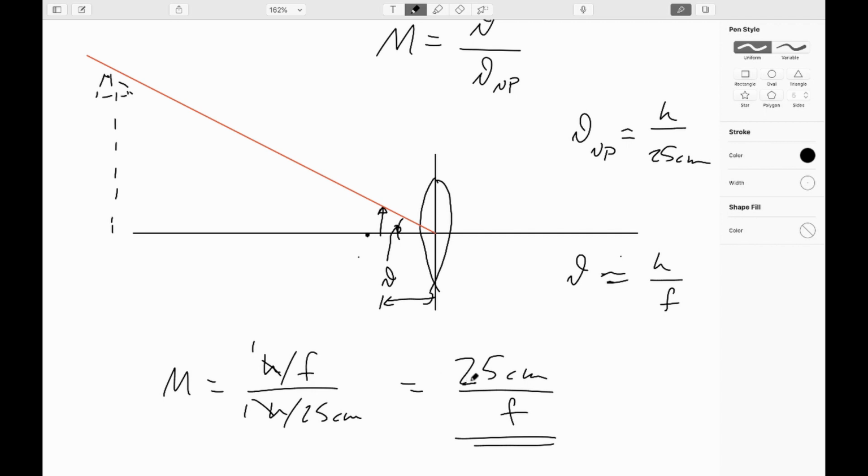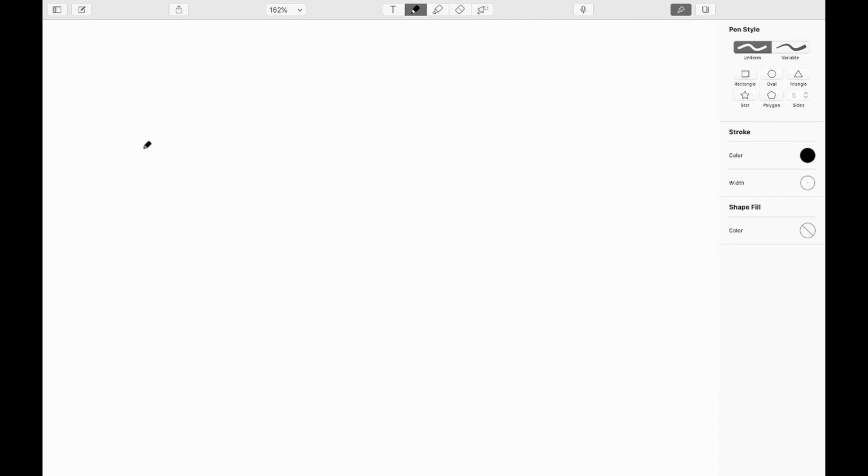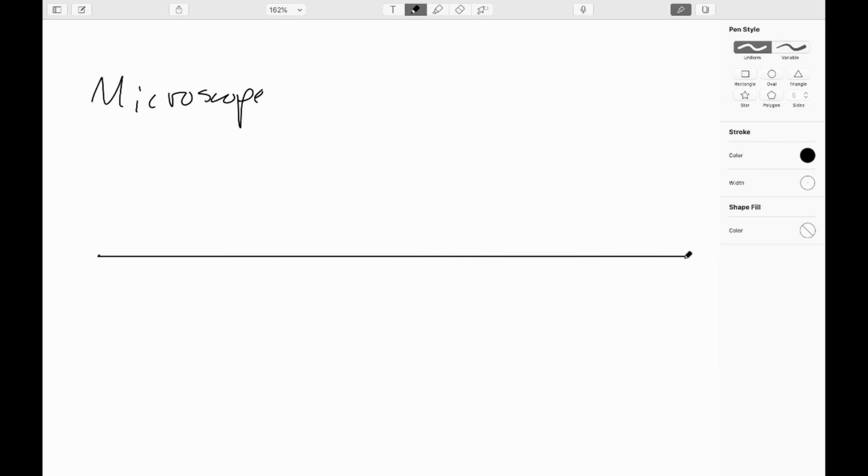So to that end, if you're going to want to do more than that, you need to come up with some sort of a compound system. For instance, we could go and look at a microscope. With a microscope, you're typically looking at a very teeny object. Say right here that you park in front of an objective lens, it's called. And again, you're going to stick it just outside the focal point.